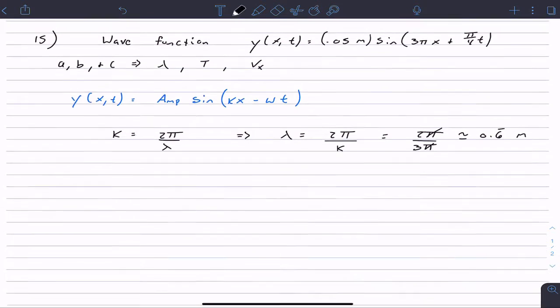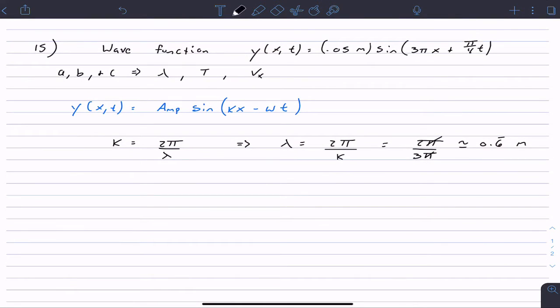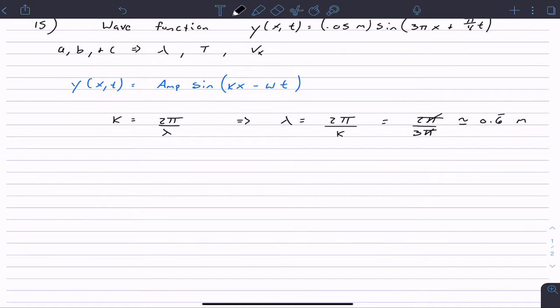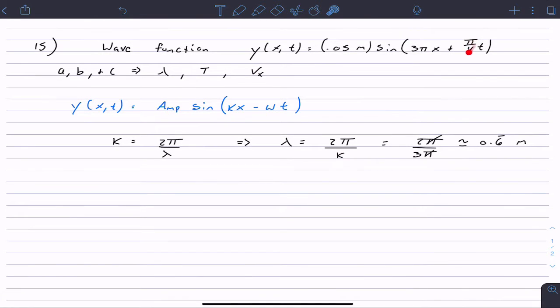Next, we need to use our relationship between period and angular frequency, just like I was mentioning before, to find period, because that's what we're asked to find. So now we have pi over 4 is going to be equal to this omega. So let's figure out what that's going to be.